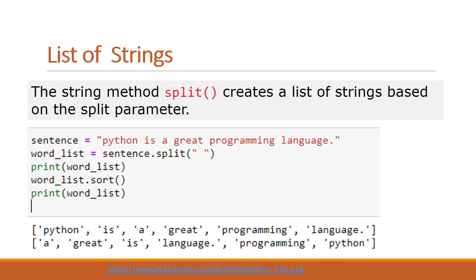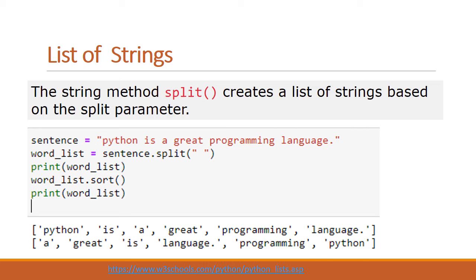When we call the split method on a string, it actually returns a list. In this example, sentence is assigned the string Python is a great programming language. We call the split method on sentence, and we're splitting by the substring a blank.